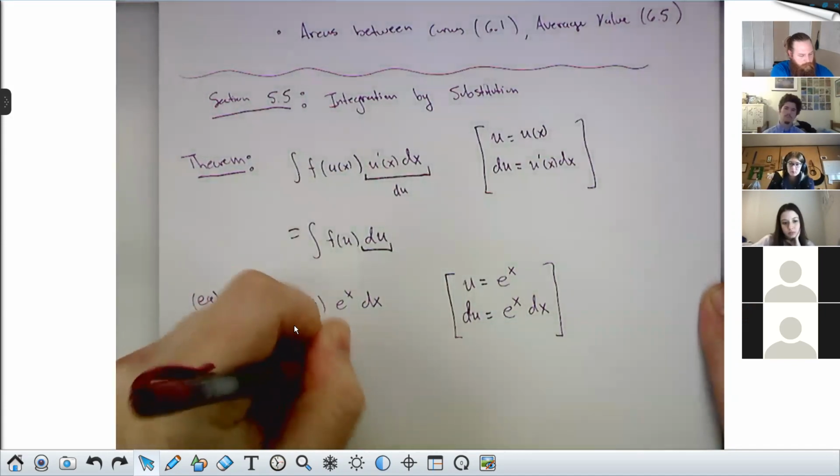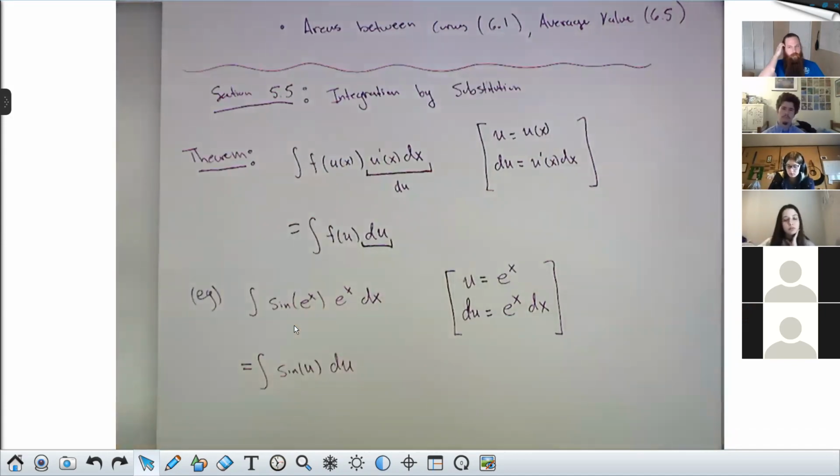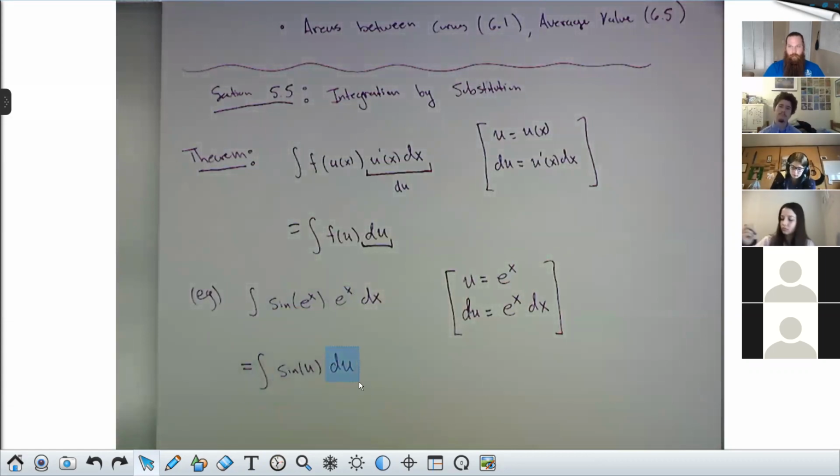So this just becomes the integral of sine u du. In other words, we go from a problem like this, which says find an antiderivative of sine e to the x times e to the x when differentiated with respect to x, to a problem like this, which says just find an antiderivative for sine of u done with respect to the variable u.